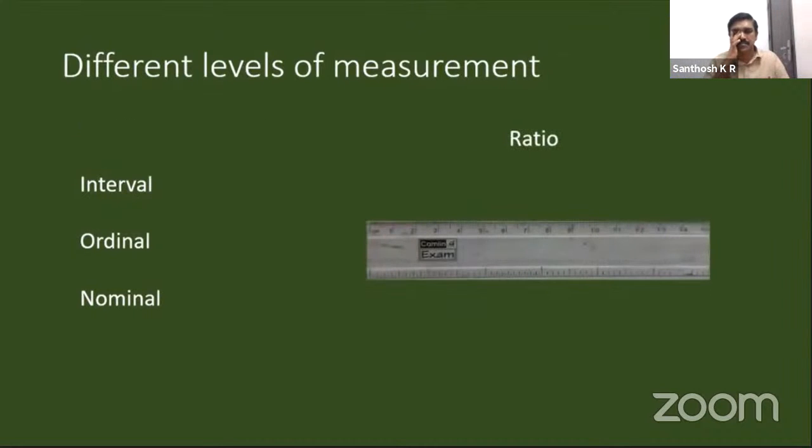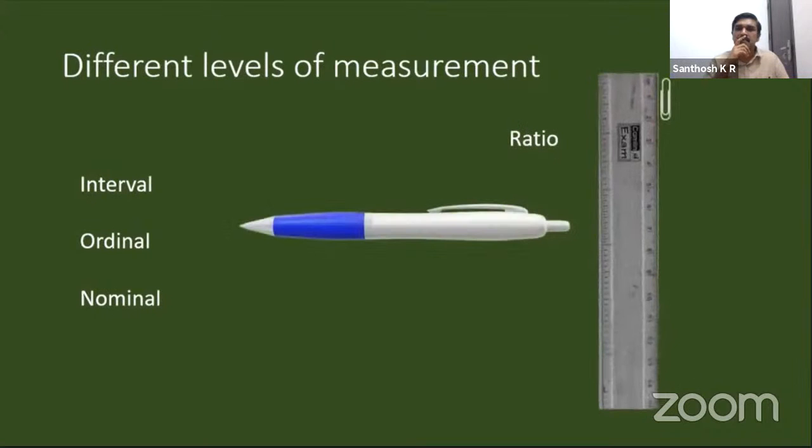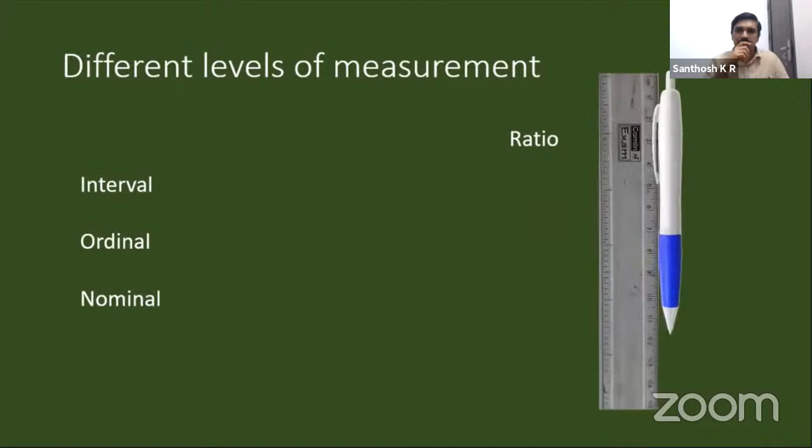In a centimeter scale, we use the ratio level of measurement. See this paper clip. We can specifically say this paper clip is of 2 centimeter length, and this pen is of 12 centimeter length.